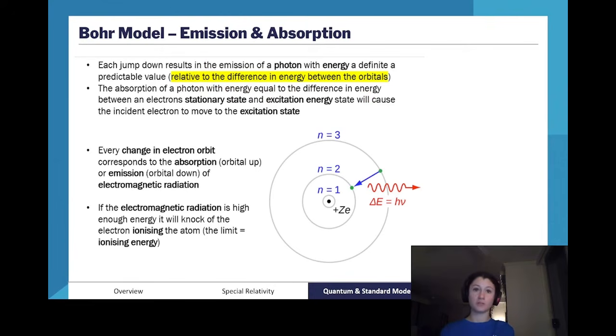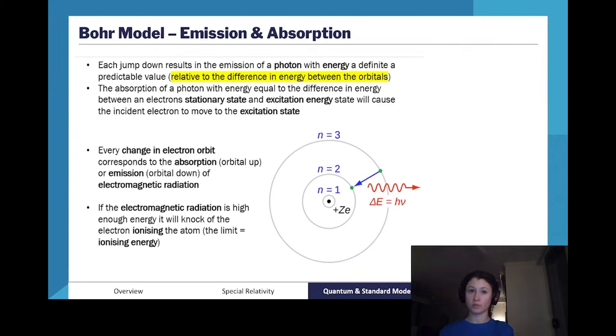So the absorption of a photon with energy equal to the difference in energy between an electron's stationary state and excitation energy state will cause the incident electron to move to the excitation state. So if we give an electron a photon that has the energy it needs to move up an orbital, it will. Every change in electron orbit corresponds to the absorption or emission of electromagnetic radiation.